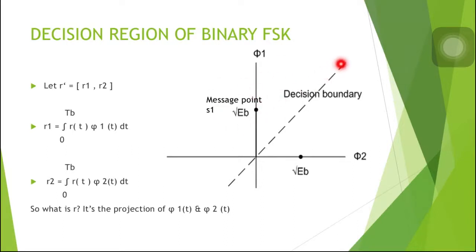So what happens when something comes on this diagonal? What is the peculiarity of this diagonal? It is R1 equal to R2. So that's the decision boundary line. When something comes across this, it will go to here, and if something comes across this, it will go to here. That's the thing.